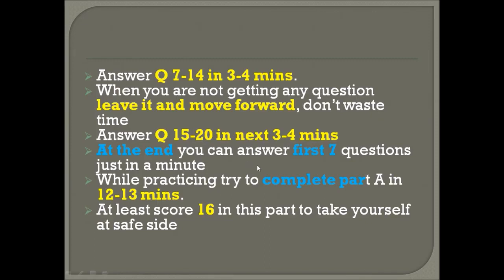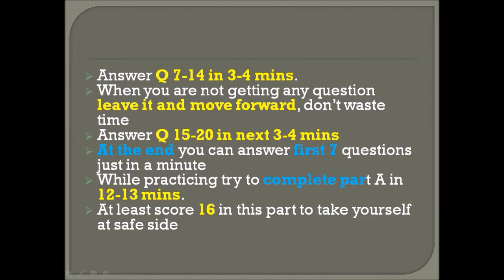At the end, you can answer the first 7 questions in just a minute. In the first 7 questions, you have to just mention the text number, text A, text B, text C, or text D. So you can attempt all these 7 questions in just a minute. So don't worry at all about these first 7 questions. While practicing for your OET reading test, try to complete part A of the test in just 12 to 13 minutes.